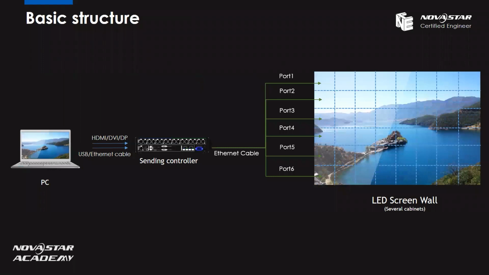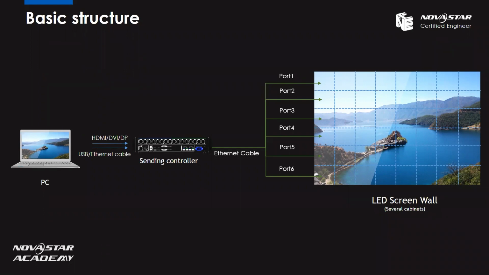Now after the LED screen has been set up, without thinking about the video processor, if we want to display an image on the LED screen, first we need to build up the basic structure of the LED control system.